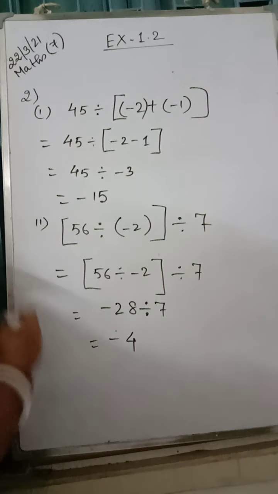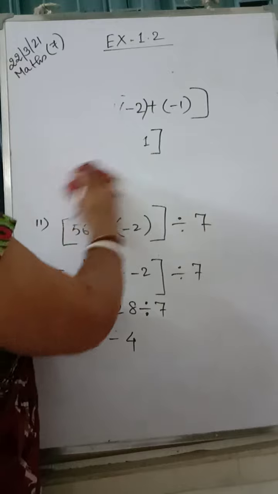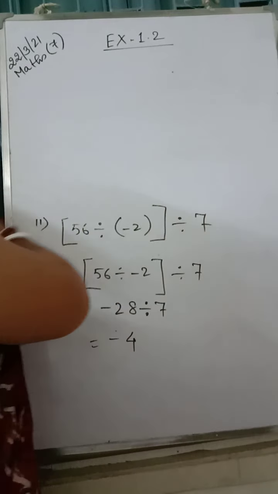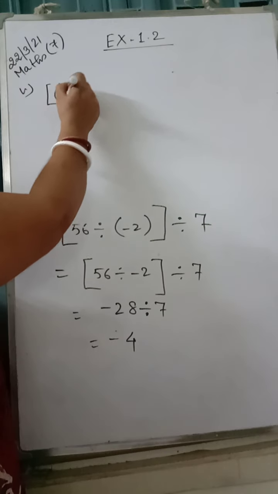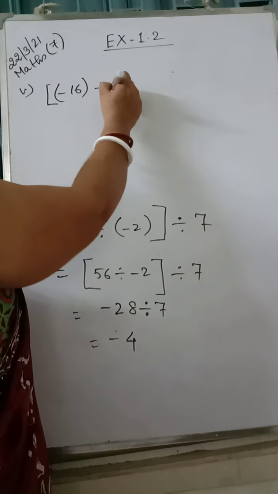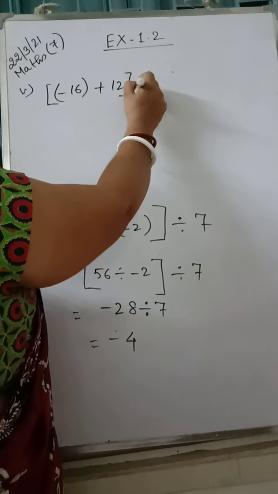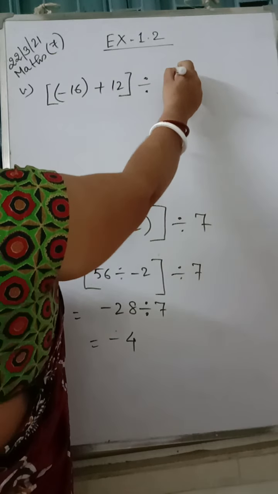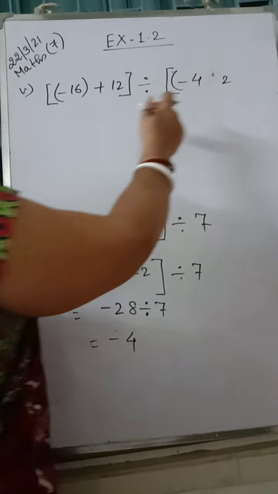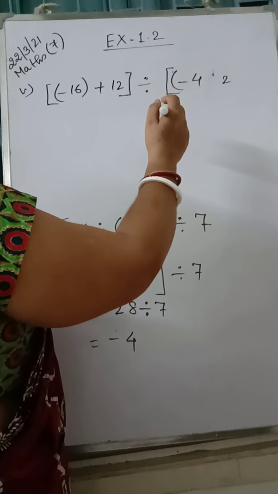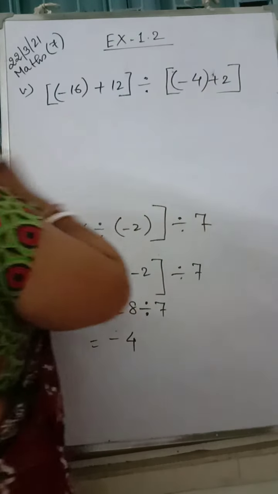Then you can see number 5. It is given (minus 16 plus 12) divided by (minus 4 plus 2).